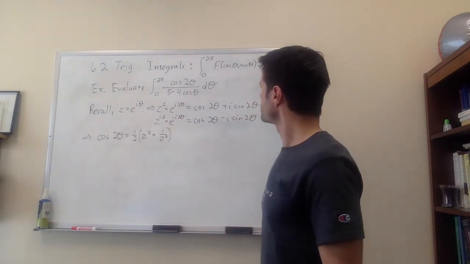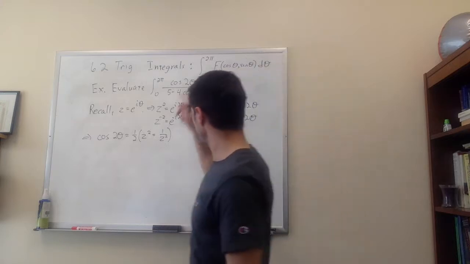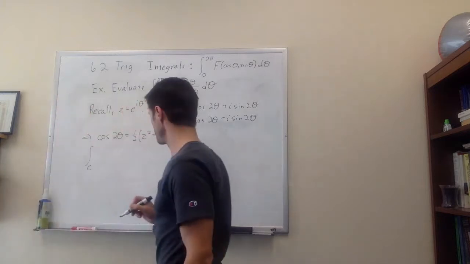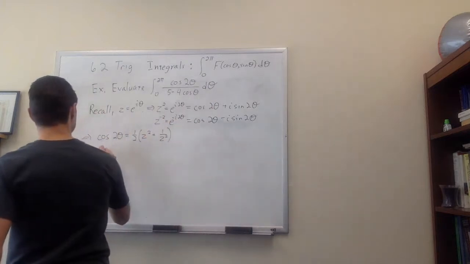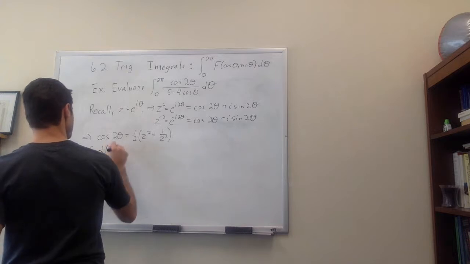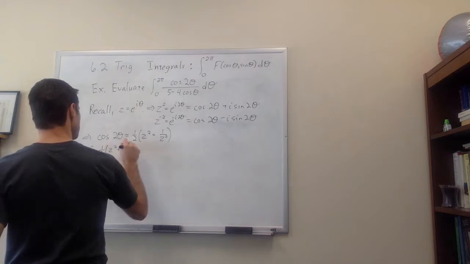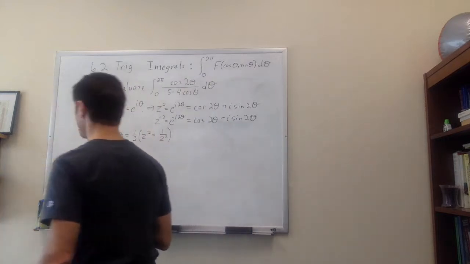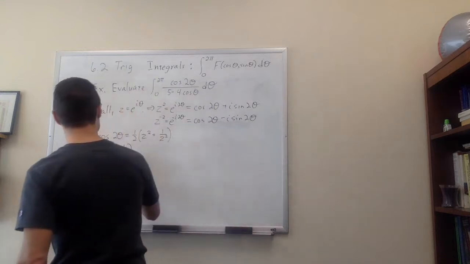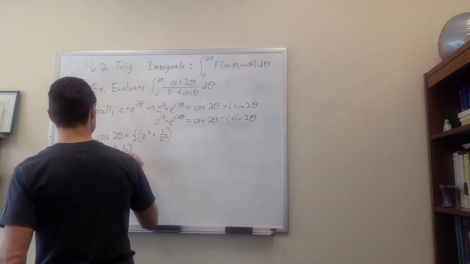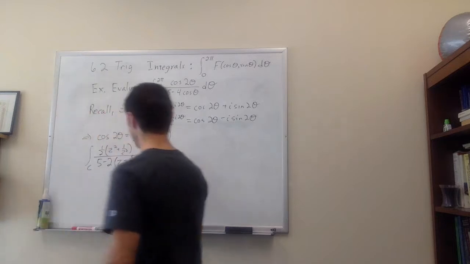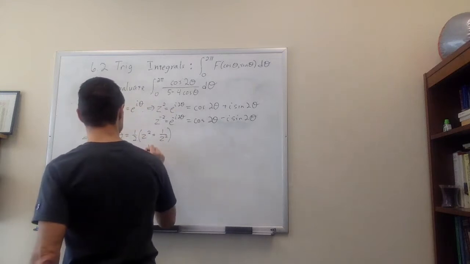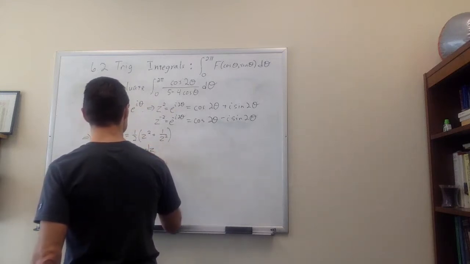So our trigonometric integral becomes the integral over C, where C is the unit circle, of 1/2 times (z squared plus 1 over z squared), divided by 5 minus 4 times 1/2, which is 2, times (z plus 1 over z). That's substituting in for cosine theta. And then d theta, if you recall, is dz over iz.